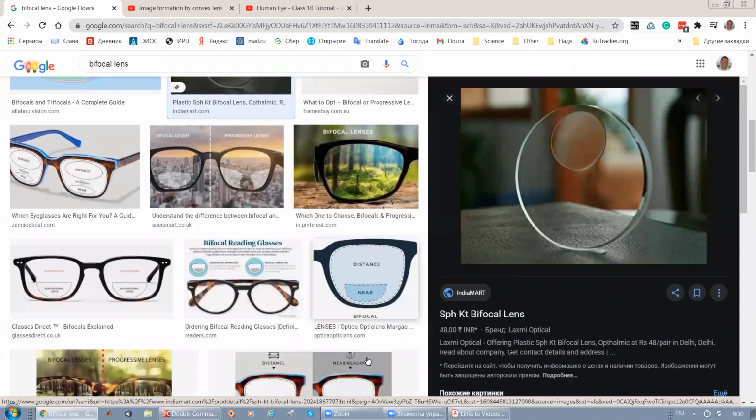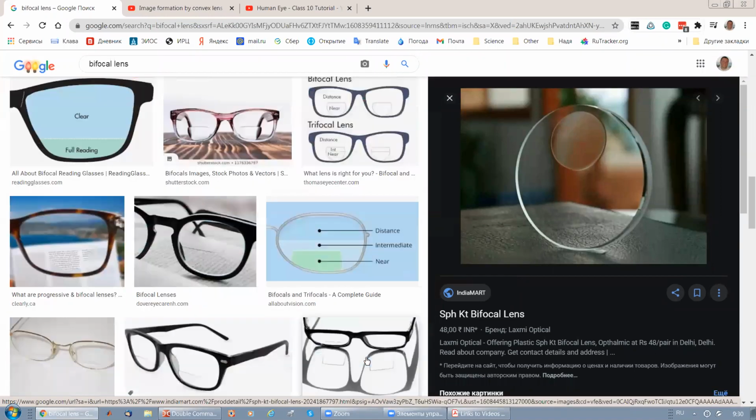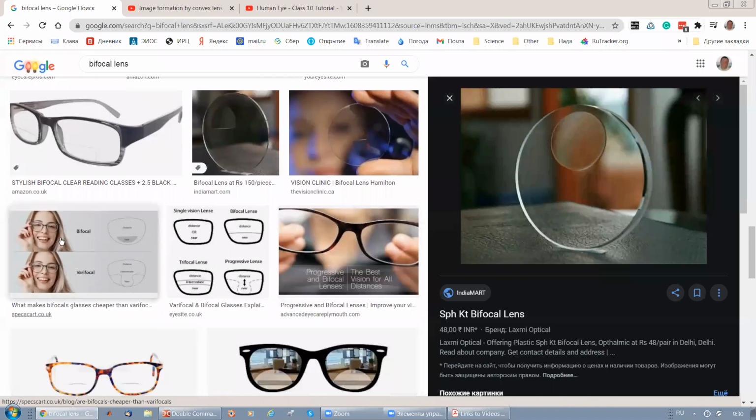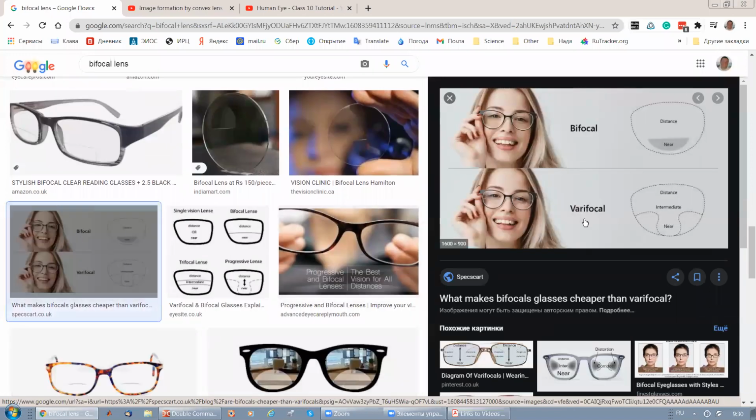And there are modern types of bifocal lenses, for example, represented here.